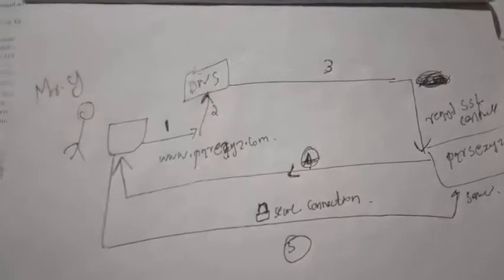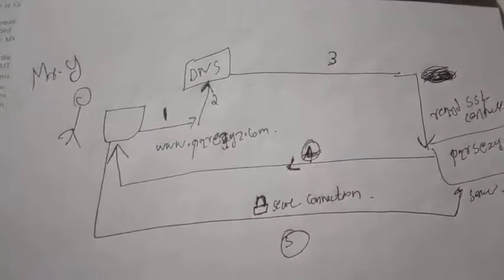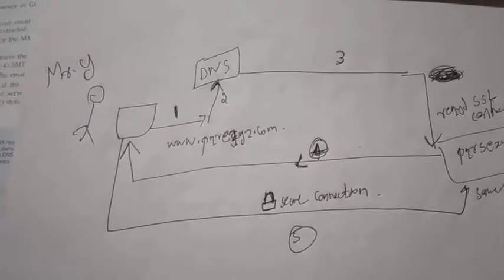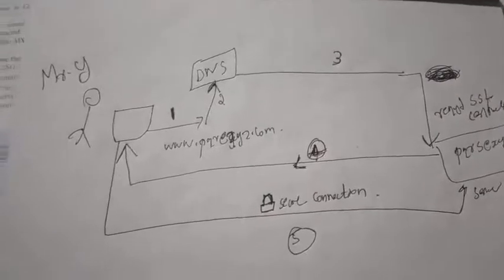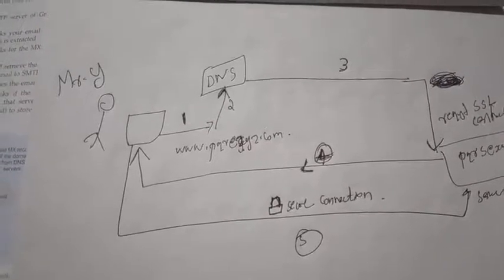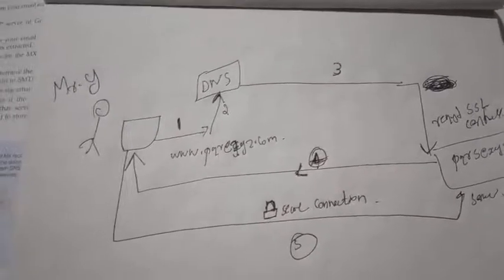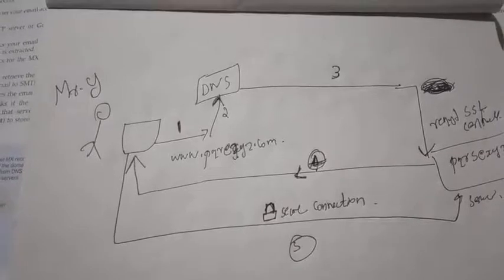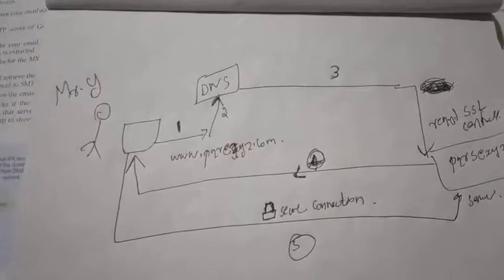Look here, Mr. Y. Mr. Y comes in and requests www.pqrs at xyz.com, Mr. X's website. We already studied that Mr. X already got the SSL certificate from the certificate authority. Then what happens is, if Mr. Y wants to make a connection to pqrs at xyz.com, first he makes a request.